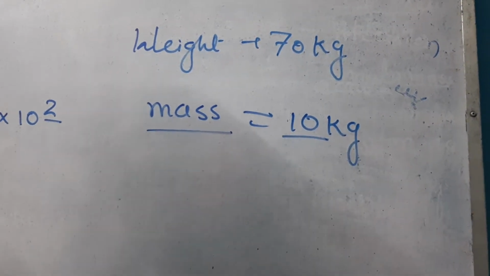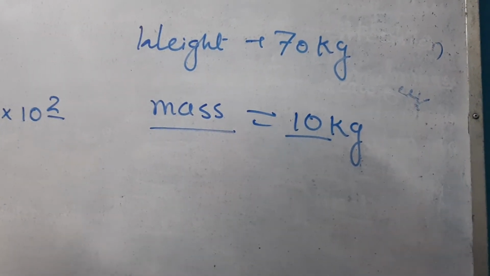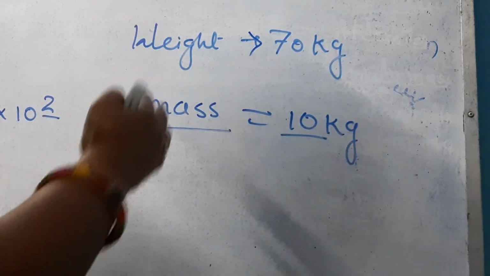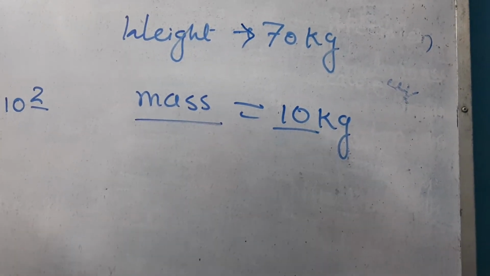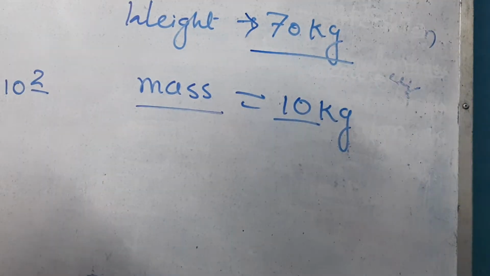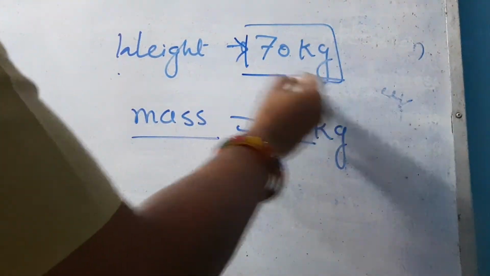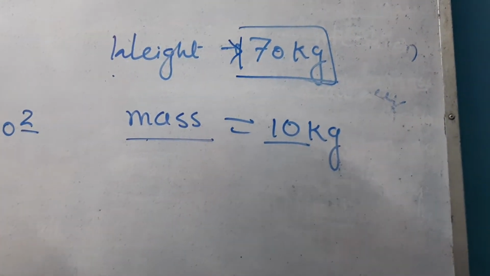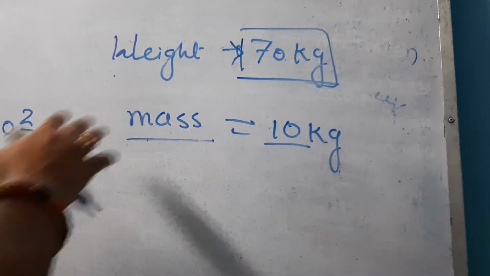But weight is the force which you exert on the earth. How much pressure or weight you are exerting on the earth, how much of your weight the earth is bearing, that is your weight. So exerted on the earth, that is 70 kg. And mass is the amount of substance in that particular object.